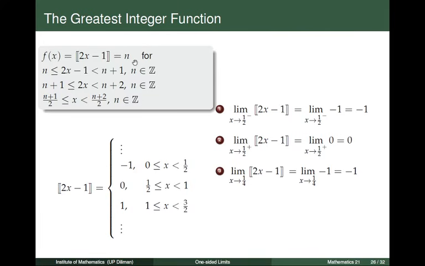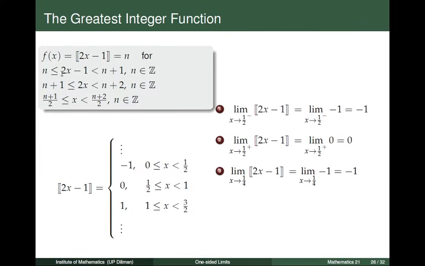Now in this case, this means that 2x minus 1 is between n and n plus 1, where n is included and n plus 1 is not included. So let us solve for x in this sequence of inequalities.